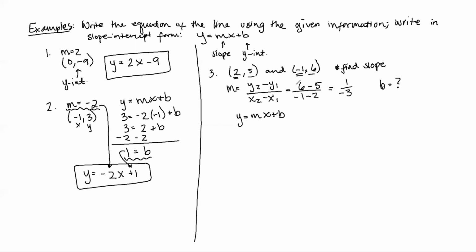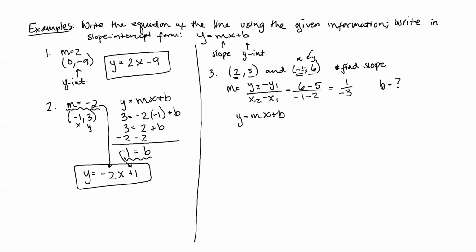Doesn't matter which one you pick. Sometimes if you can find one that has smaller numbers or any of them that have a 1 in them, I'll generally pick that one. So I'm going to use this point right here. So the x and the y is going to be from this point. Make sure you pick one of the points and you don't pick an x from this point and then the y from this one. You have to make sure you stick to just one point.